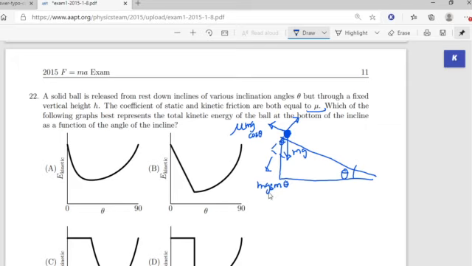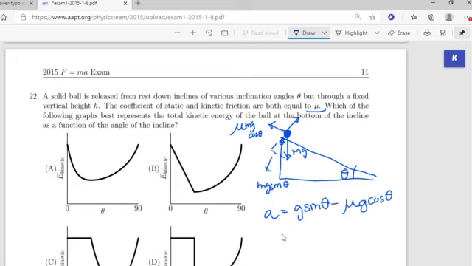So the forces parallel to the incline are mg sine theta and this. The acceleration would be g sine theta minus mu naught g cosine theta.